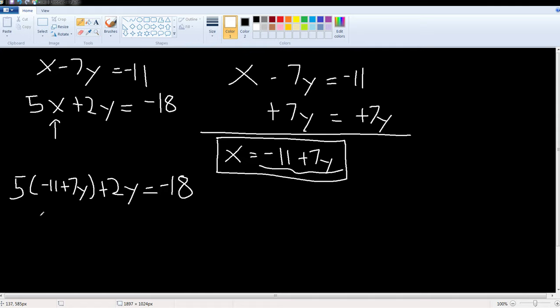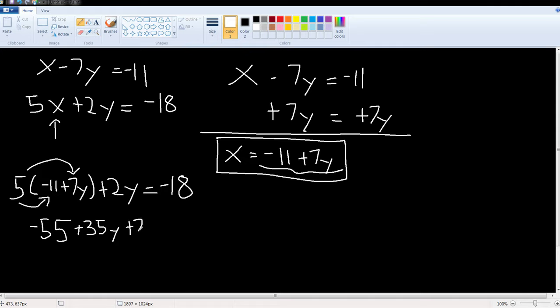So let's distribute this 5. 5 times negative 11 is negative 55. 5 times positive 7y is plus 35y. And now the parentheses can go away since we just distributed, and we can add the y's.